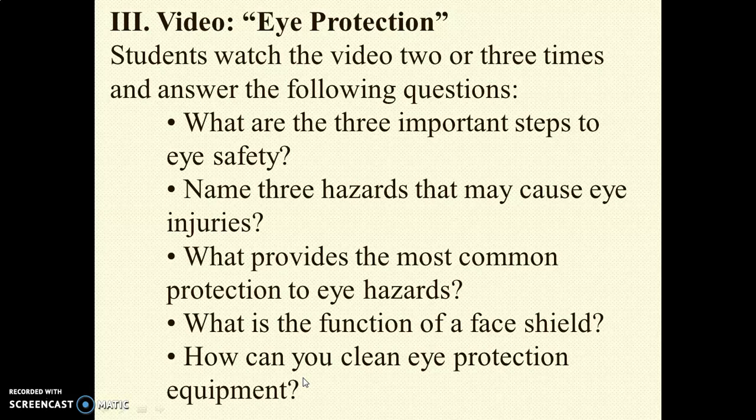It's not like cleaning anything else, like clothes. No, it's specific. All the information again is in the video, so you should watch the video Eye Protection, 2 or 3 times, even more if you need to. So that's the end of our lesson today.